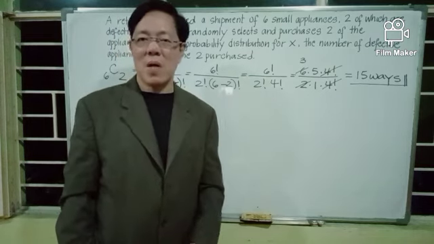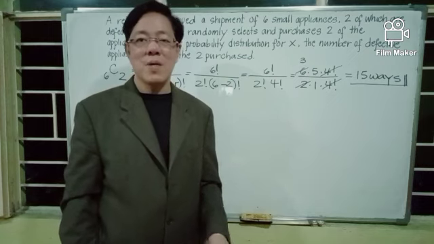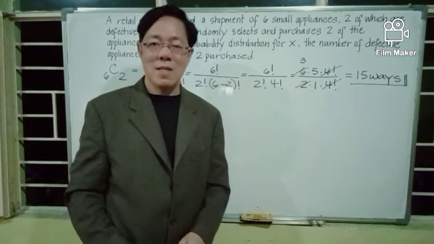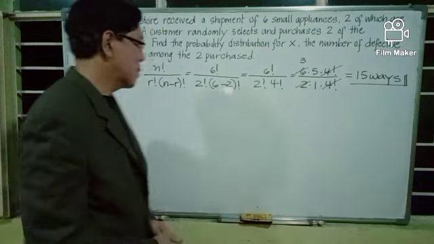Now, of the 6 small appliances, 2 are defective, and we will denote these 2 defective items by D1 and D2.